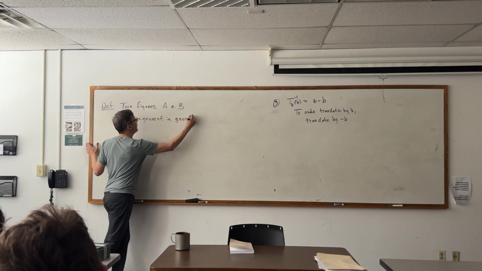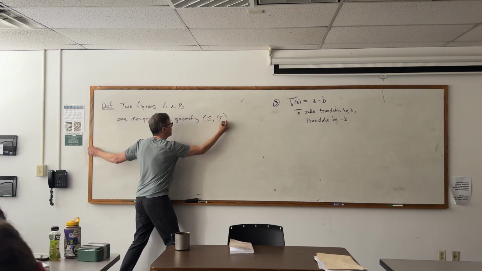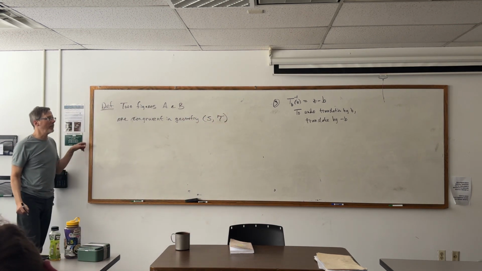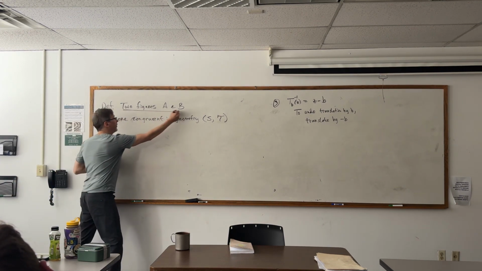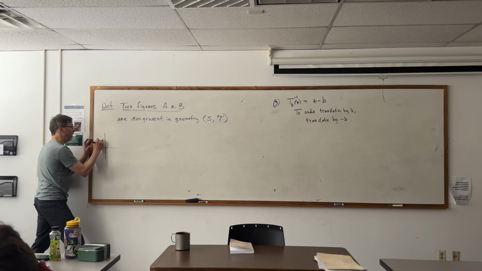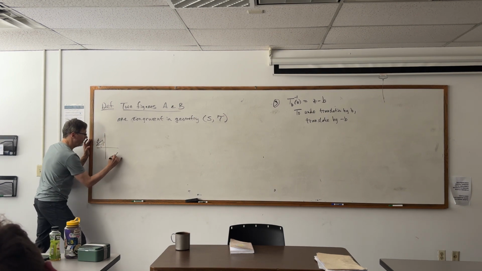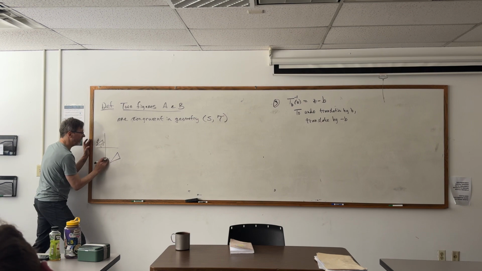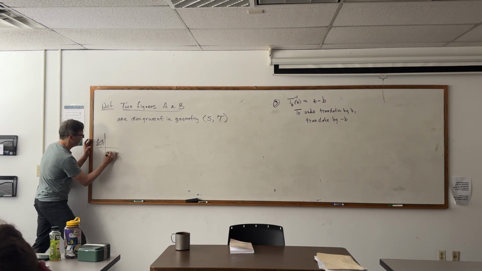So in geometry, S tau. Remember, this just means they're just points in S. So two figures. This just means I've got an A here, and then maybe a B over here.